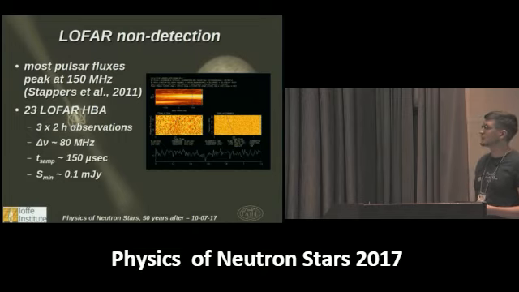We were not able to detect the pulsar with LOFAR, but set a sensitivity limit of about 0.1 millijanskys. Possible reasons for the non-detection can be the extremely low declination of this pulsar, according to the LOFAR elevation angle, but also the pulsar's intrinsically low brightness. And the scattering was estimated to give only 5% pulse broadening.